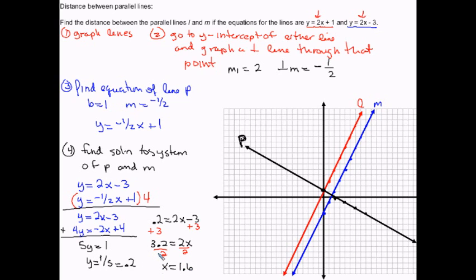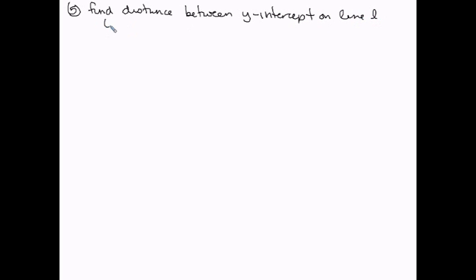So I now have 2 points, and I can find the distance between them. So that's step 5. Find the distance between the y-intercept on line L and the intersection on line M. So I have the 2 points.